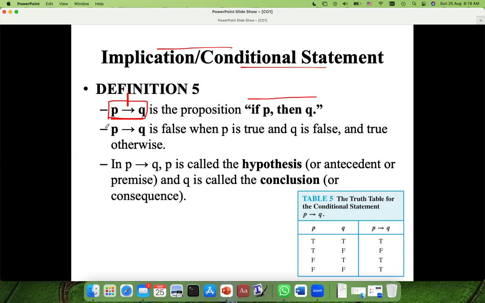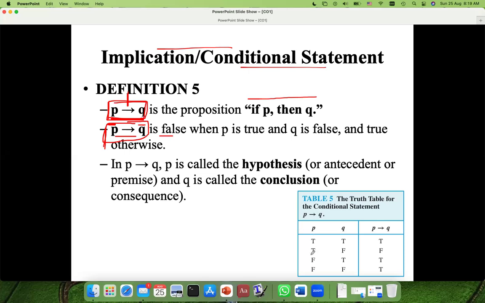Now, this is the definition. If we want to build a truth table for this P implies Q, we must know the definition. And this second point is the definition for P implies Q. It says that P implies Q is false when the first one is true and the second one is false, then the whole P implies Q will have a false value in the truth table.